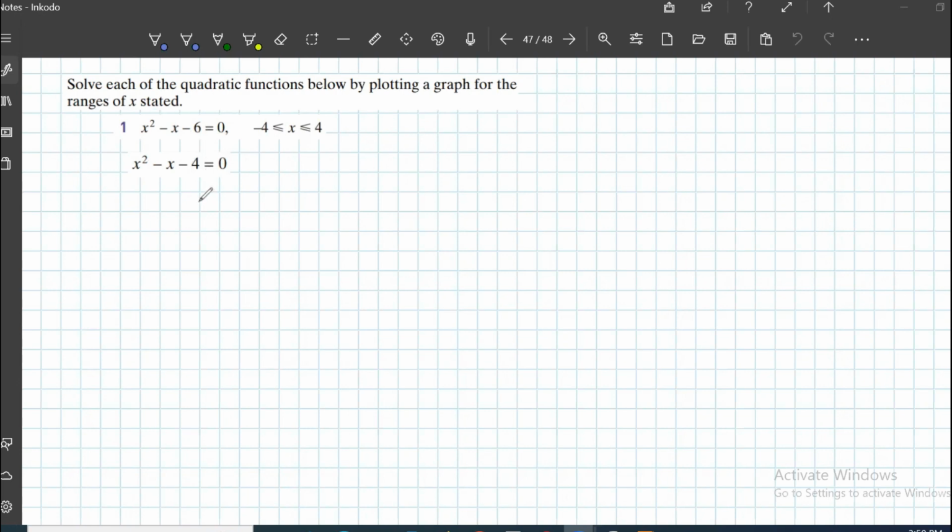The first thing is to complete the table. In this case the function is y equal to x square minus x minus 6, and we will check the table from minus 4 to 4, because this is the range of the values.